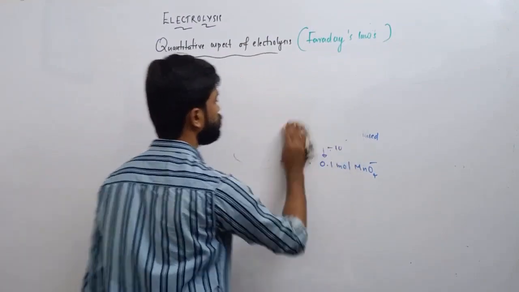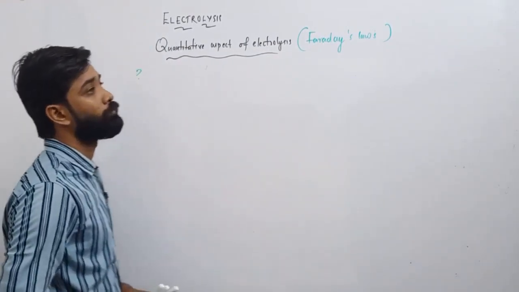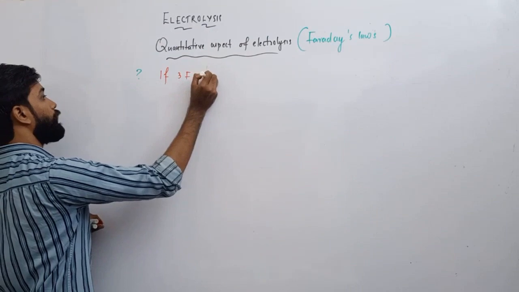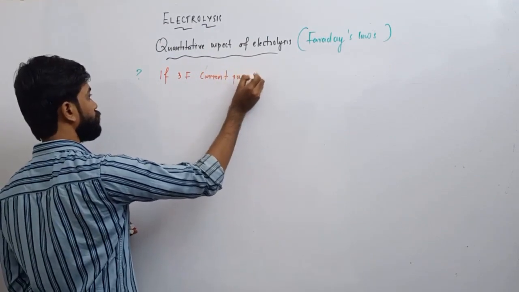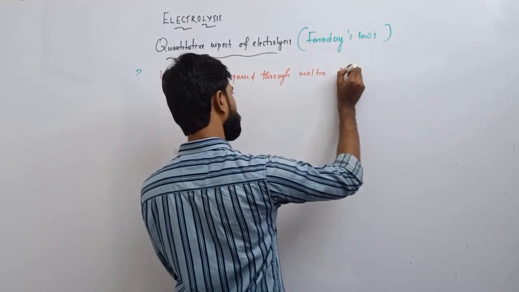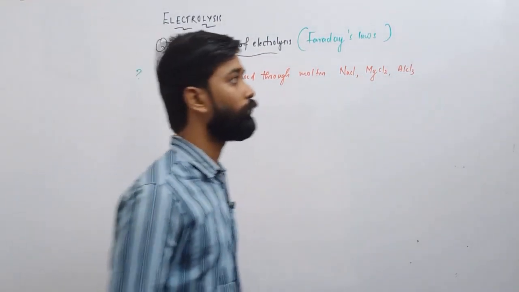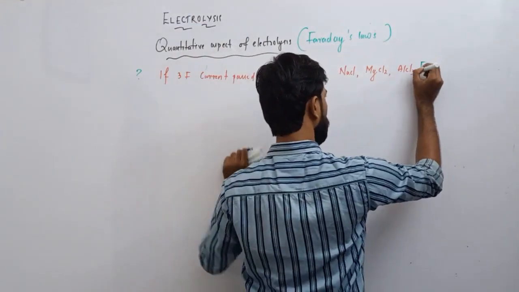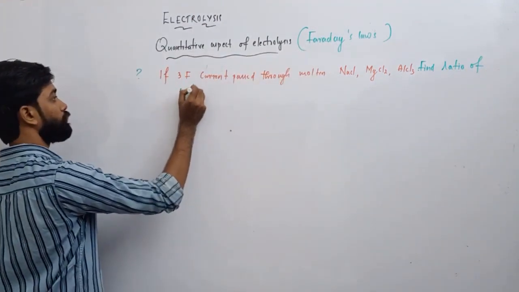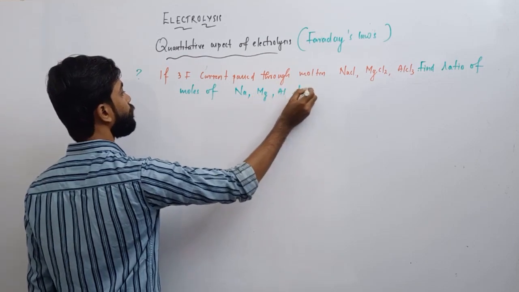Let me do the next. Listen. If 3 farad current is passed through molten NaCl, MgCl2, AlCl3, find the ratio of moles of sodium, magnesium, aluminum deposited.